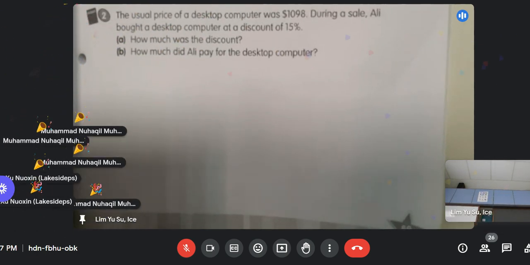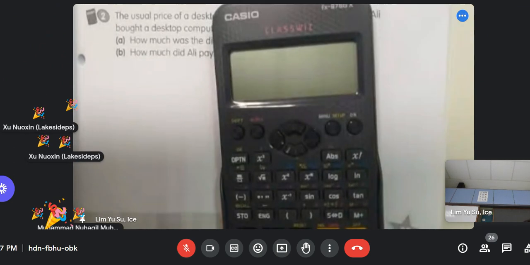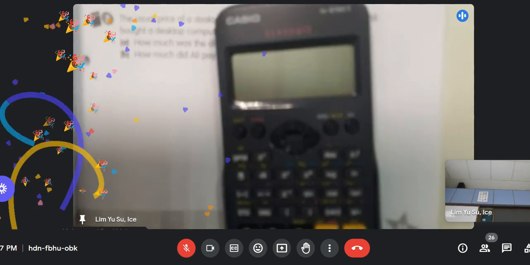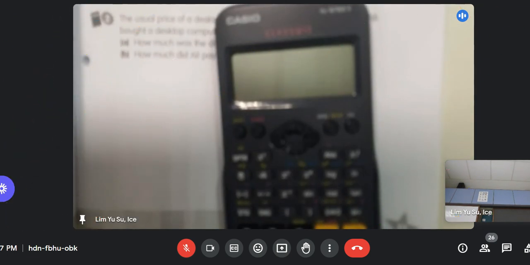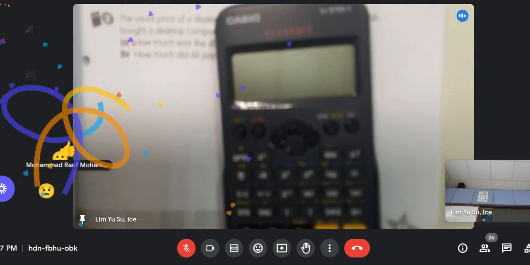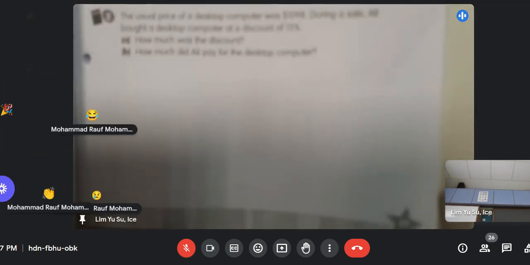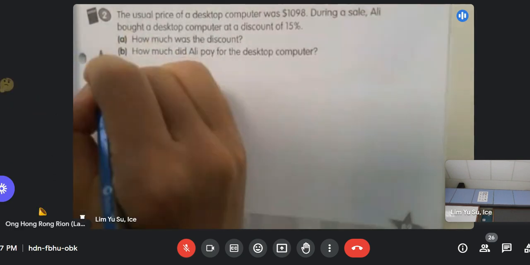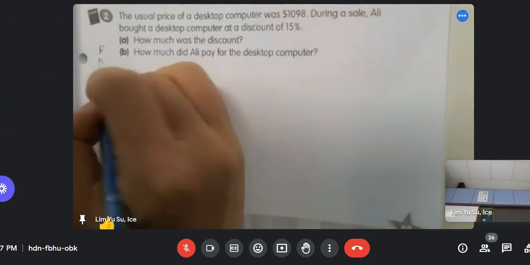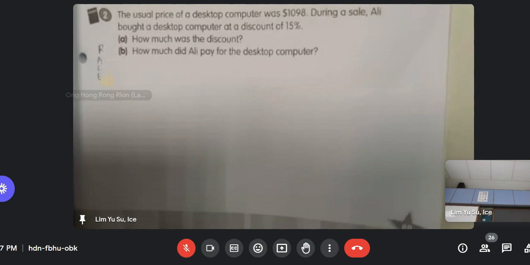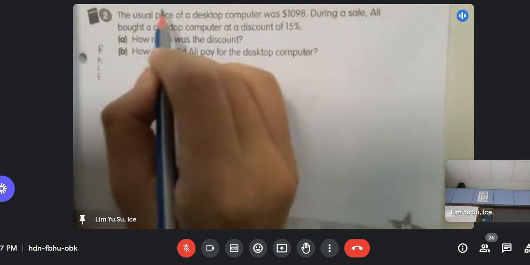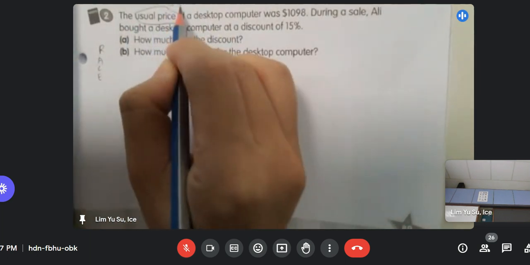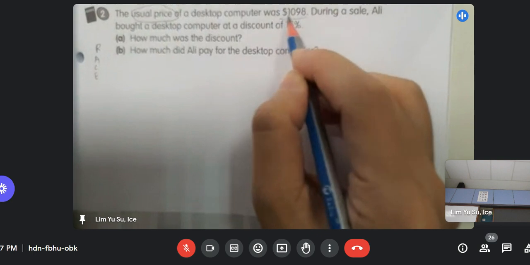Okay, let's quickly get started. I have my calculator here. We are doing the calculator questions first because they can help us with some calculations. This is page 89, question 2. The original price of the desktop is this one.